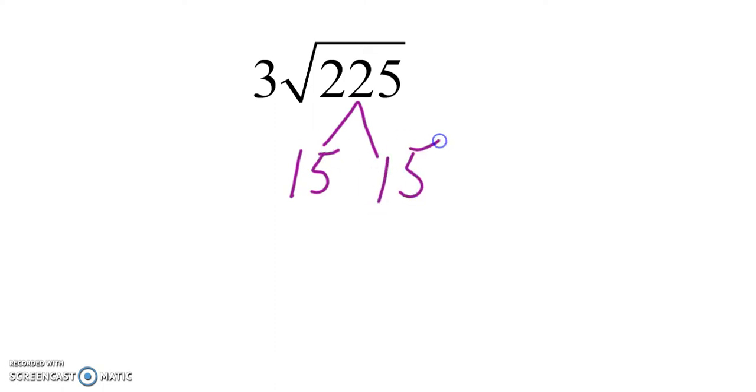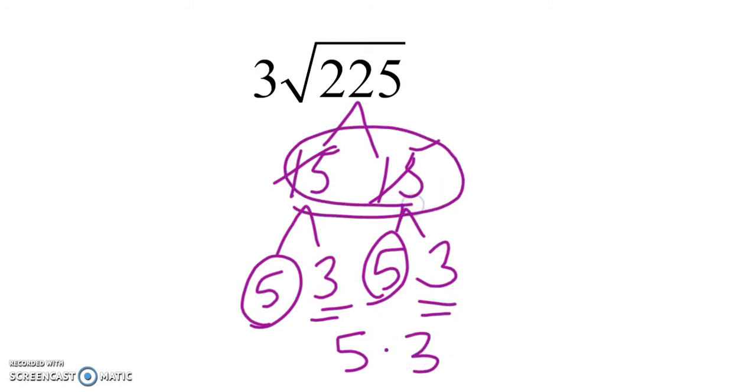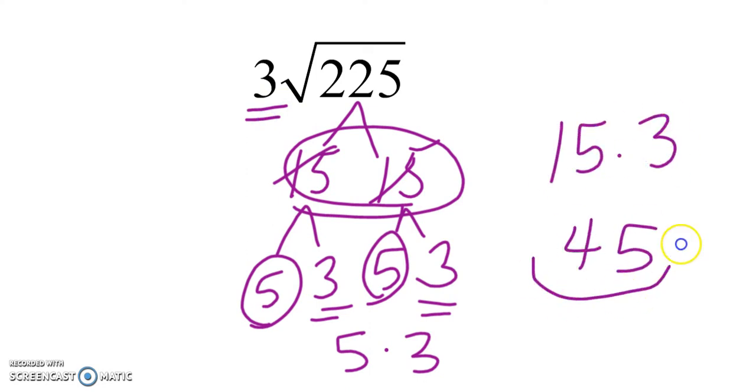I just want to let you know at any time you come across a pair, you can stop and circle it because it's kind of silly to go 5 and 3, 5 and 3, and then say, okay, pair of 5's come out 5. Pair of 3's come out 3, back to 15. So if you come across a pair at any point, you could stop and circle that and say 15. 15 on the outside and 3 on the outside, so it's 15 times 3, and that's 45.